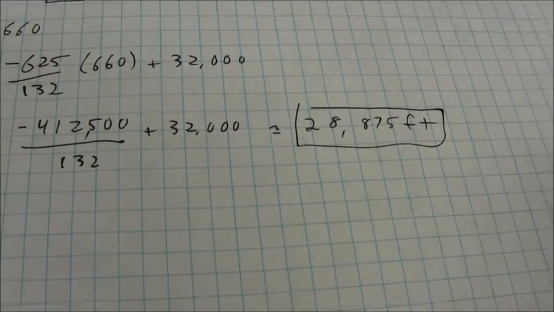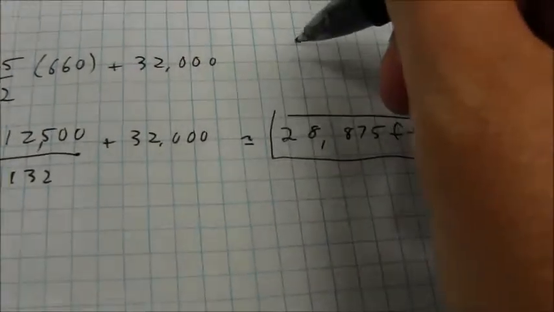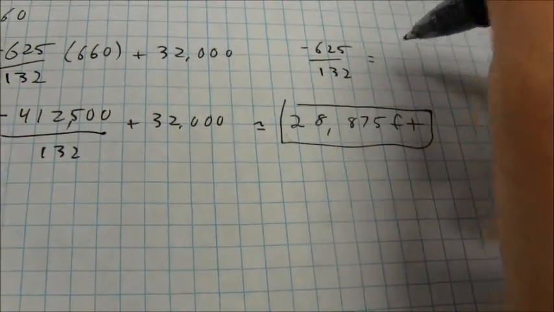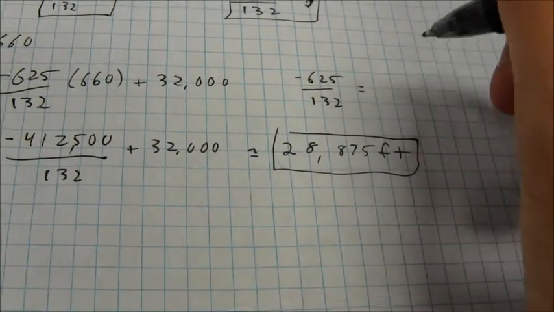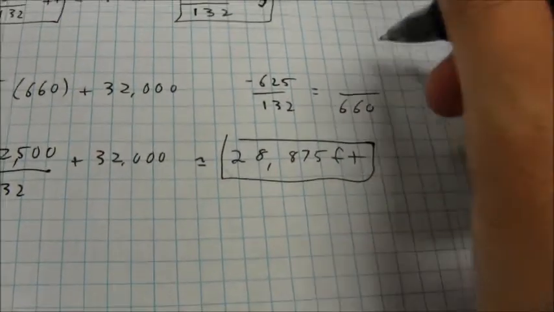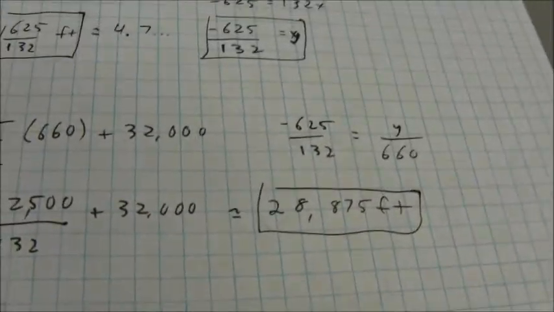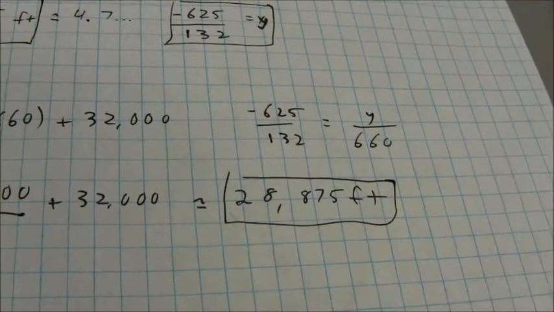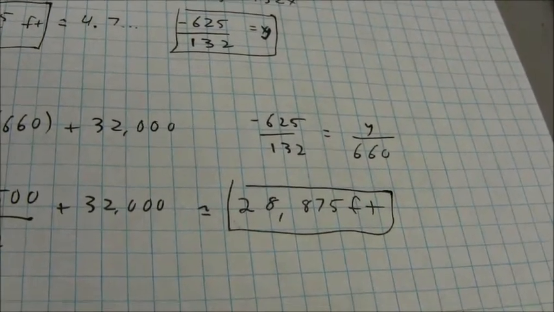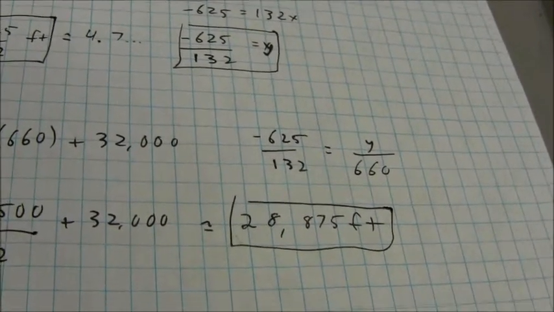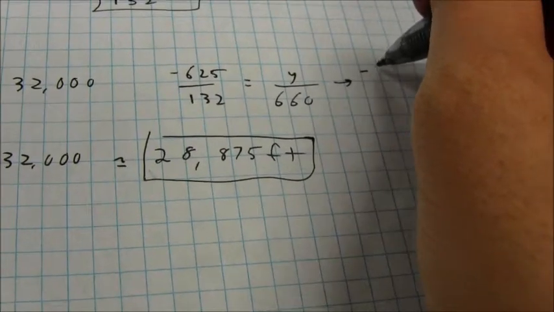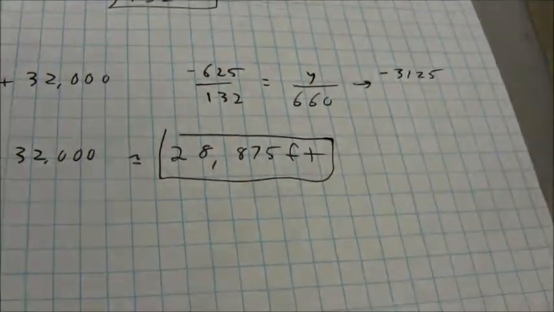Of course, the other thing you could do, you could set up a proportion. You could set up a rise and a run. It's a negative 625 to 132 rise over run. You want to find out how much it will drop when it has moved horizontally 660 feet. And so you could cross multiply here. You can get 660 times 625 divided by 132, and y is going to be negative 3,125.